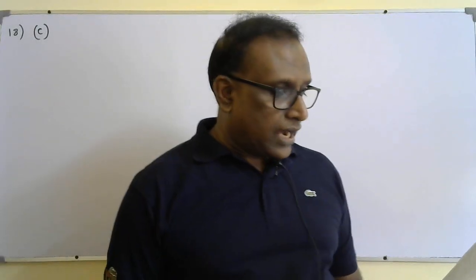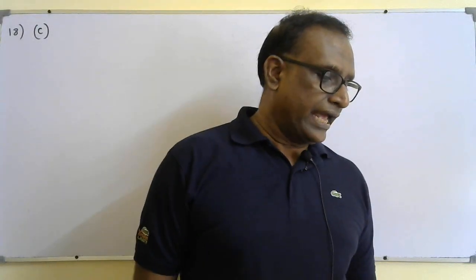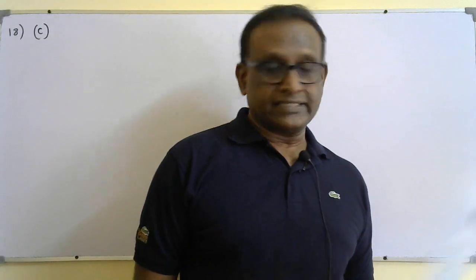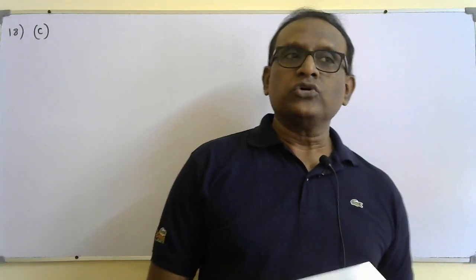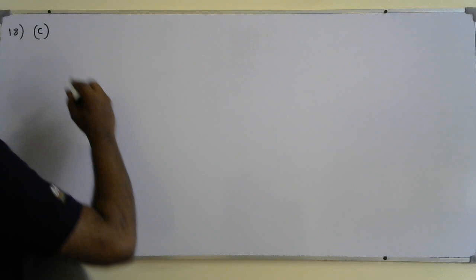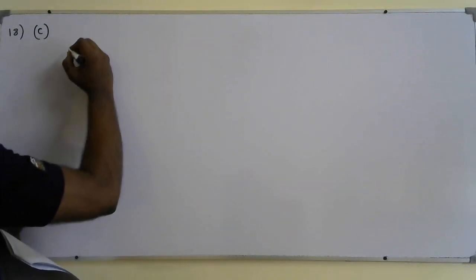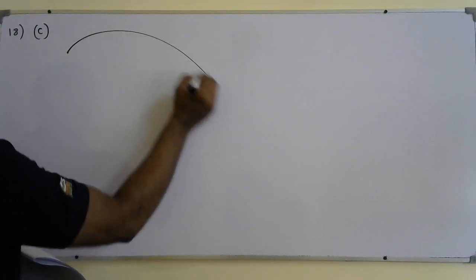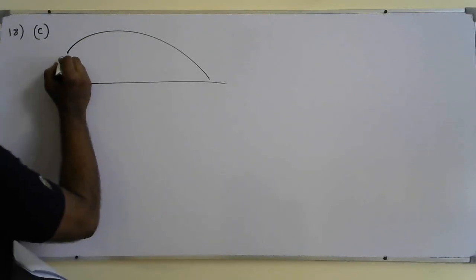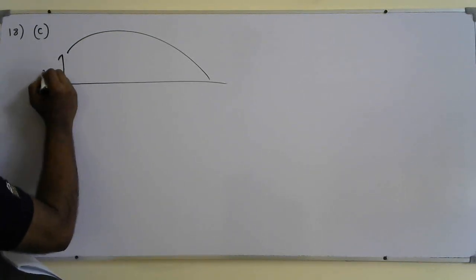Okay, so last part, explain how air resistance would affect the jump. Okay, so what will happen due to air resistance when he's jumping like this from the 3 meters, he's completing a motion like this. So this is the initial height, 3 meters.